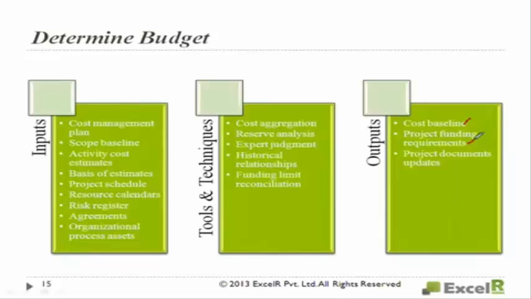So they will derive from the cost baseline how much money is required on a monthly basis. As we discussed before, based on the cost baseline, how much money is required in January, how much in Feb, how much in March. They will not give you continuously the same amount every month unless your cost baseline says so.